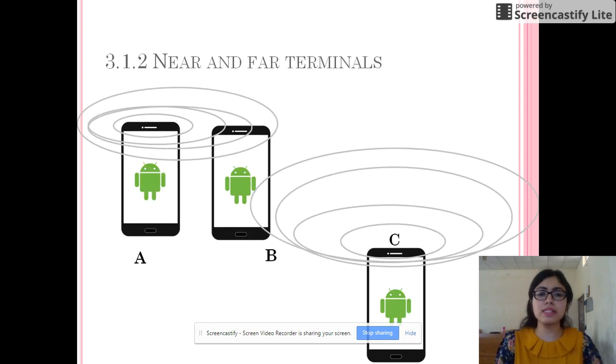See here, A is near to B and C is far away from B. So whatever A propagates, B will receive it really soon rather than C. So C will have this drawback of being far from the receiver. This should not happen in wireless networks.